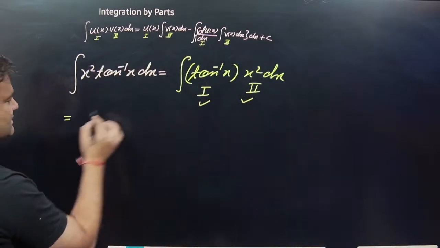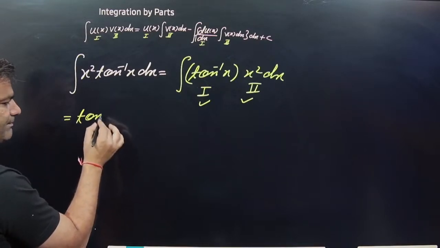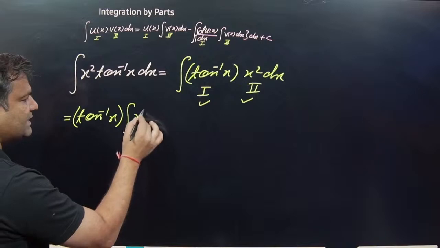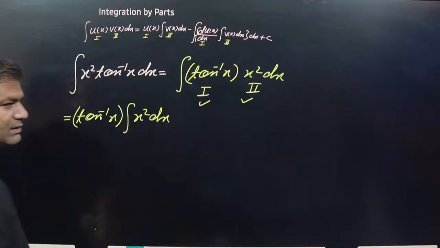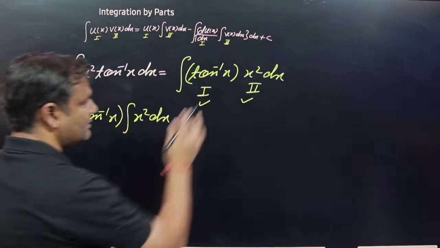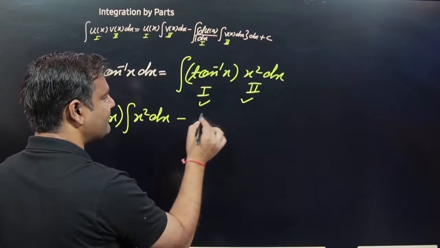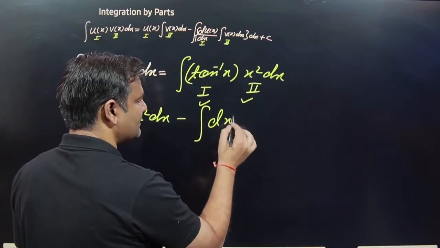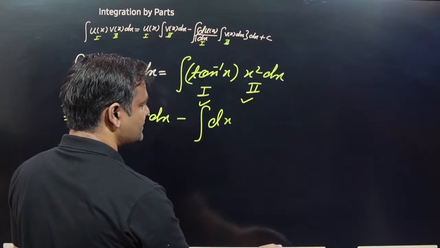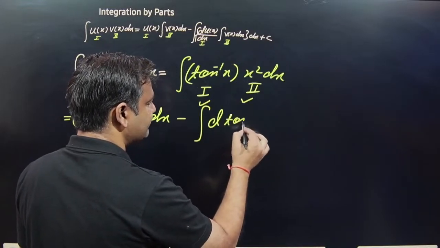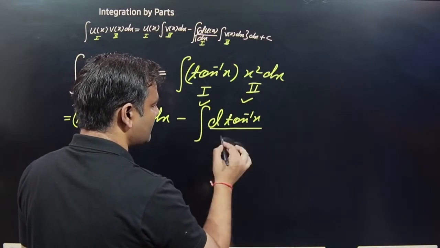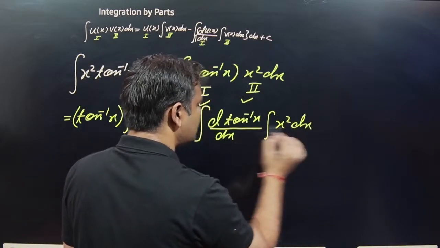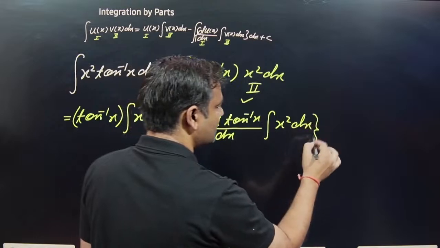First, tan inverse x into integration of sec square x dx. Second, minus, look here, differentiation of tan inverse x with respect to x into integration of x square dx.